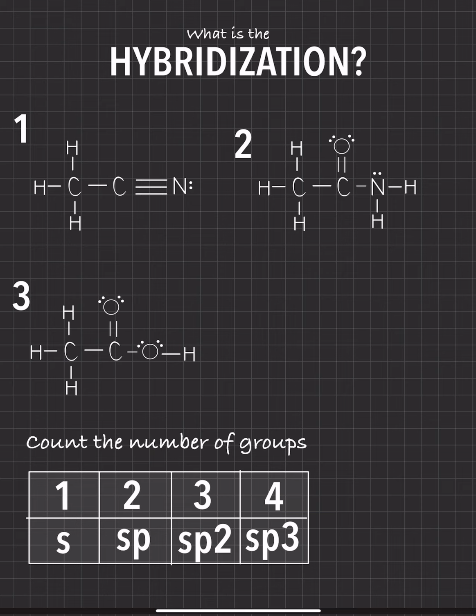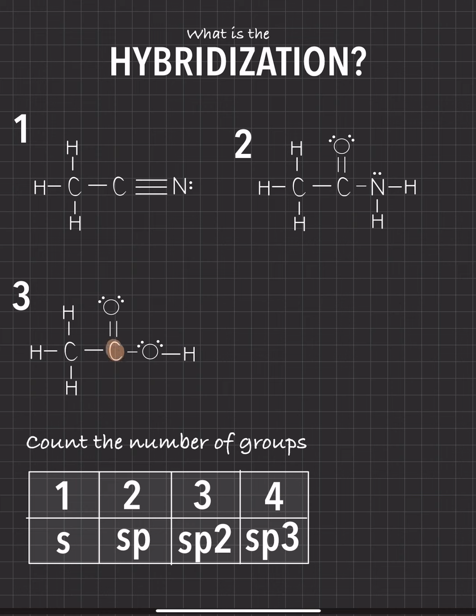Okay, now let's go to number 3. So this part, the hydrogens are going to be S because they only have one group attached to it. This carbon here, you have 1, 2, 3, 4, so it's going to be sp3.